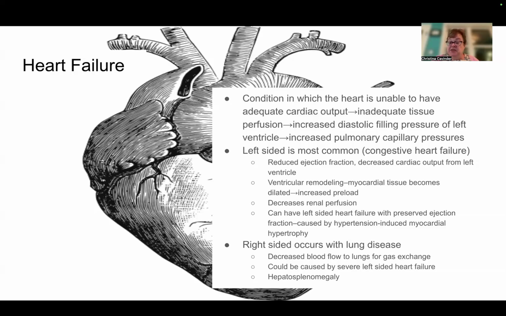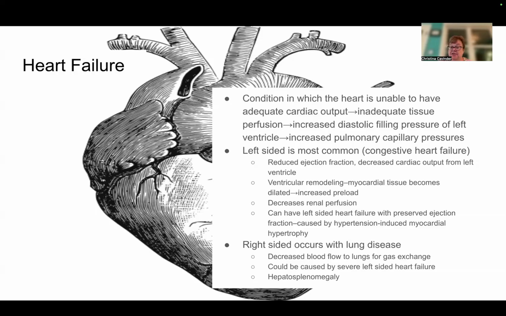It makes it become more tired. So then you can have left-sided failure with preserved ejection fraction, and this is caused by hypertensive induced myocardial hypertrophy, so enlarged heart. Like I said, once you get to the kidney perfusion, then it will increase the blood pressure, which puts more strain on the heart and does not help things at all.